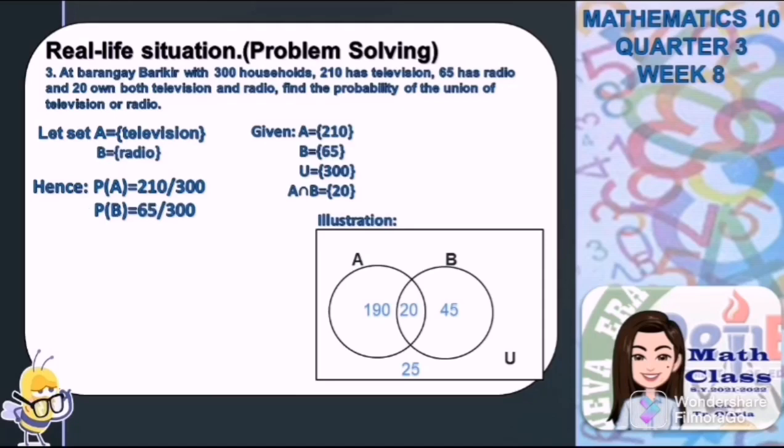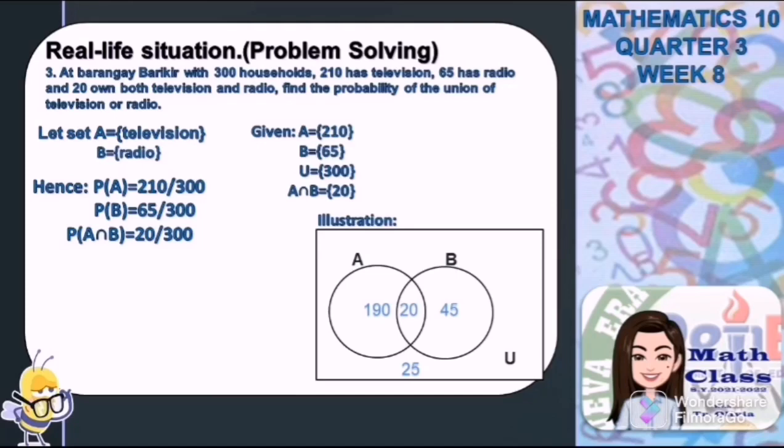Now, since the sums of the given sets are already given, we can say that the probability of A is equal to 210 over 300, as well as the probability of B is equal to 65 over 300. Then the probability of A intersection B is equal to 20 over 300. Now using the formula, we're going to get the probability of the union of television or radio.